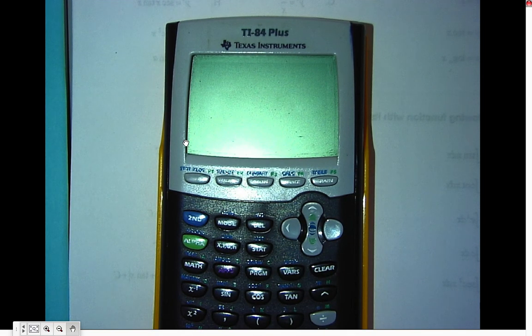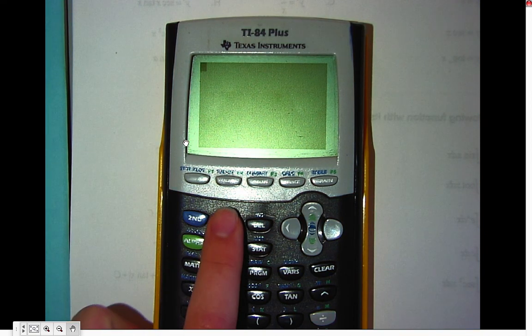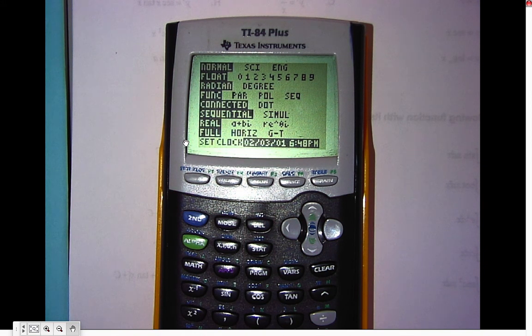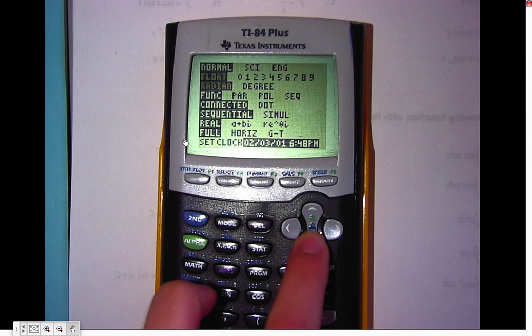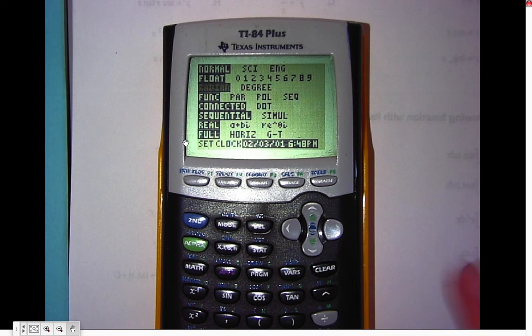So if I need to find, the first problem was sine of 45 degrees. If you hit mode on your calculator, and then the third line down, you see radian and degree. If I'm evaluating a degree of a trig function, my calculator has to be in degree mode.